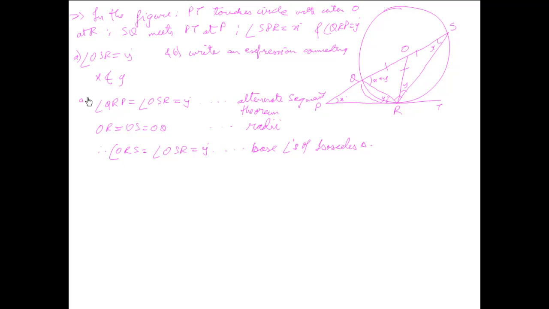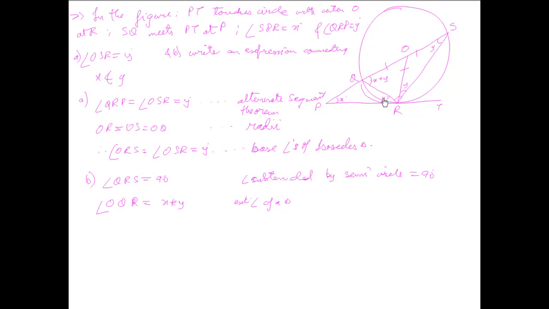That's the A part. For the B part, children, angle QRS is equal to 90 degrees. Angle subtended by semicircle is 90 degrees. Once we get that, children, we state angle OQR is equal to x plus y. Exterior angle of a triangle, that's x plus y, is equal to this.